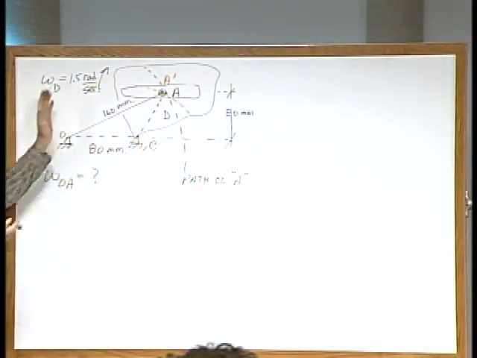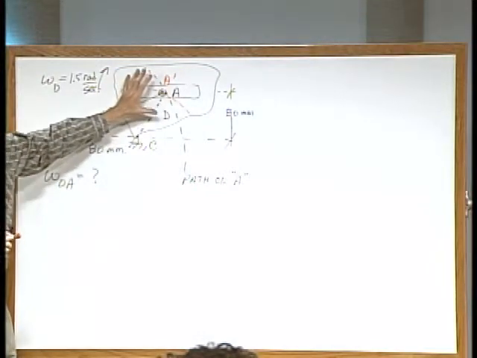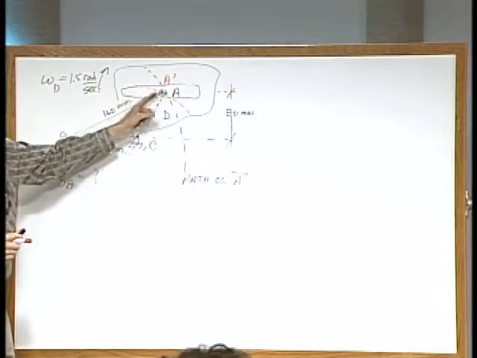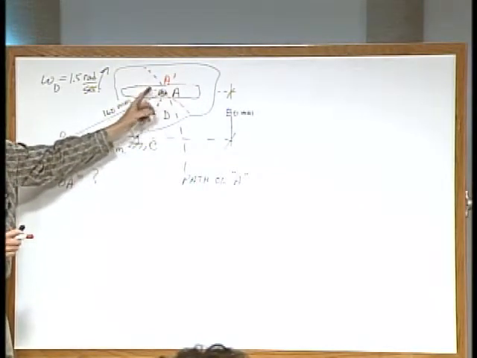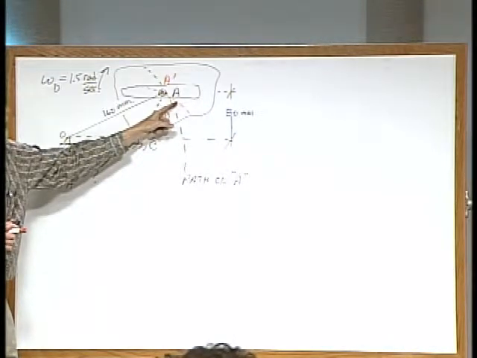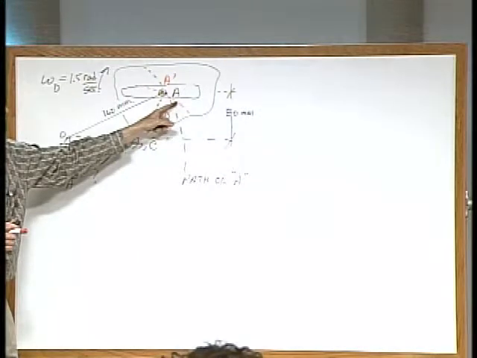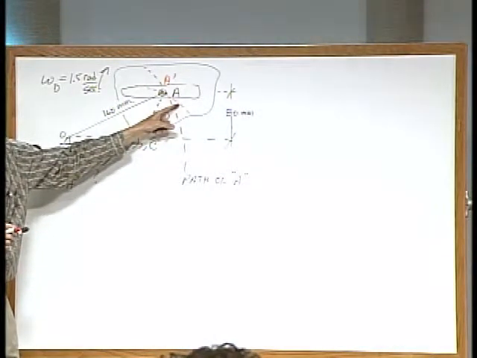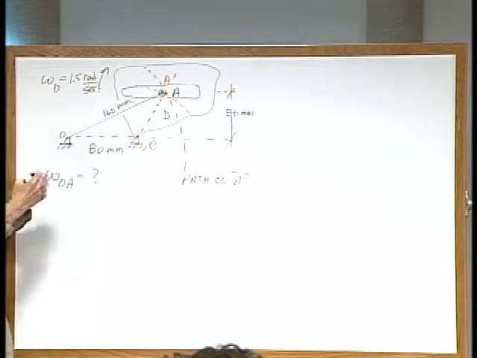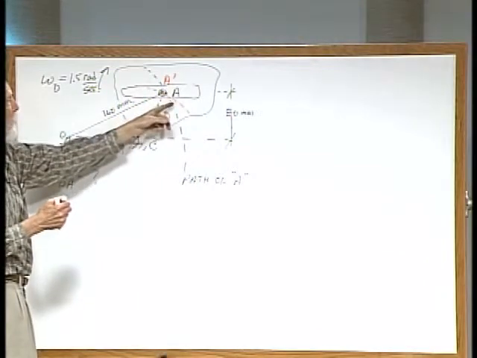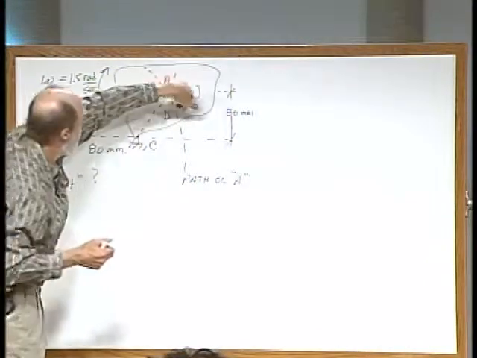Now, given that this body D is rotating clockwise, that means A prime is moving down here, where my finger is, which means that point A is back on the inside of it. So the relative velocity of A prime relative to A is back towards what?